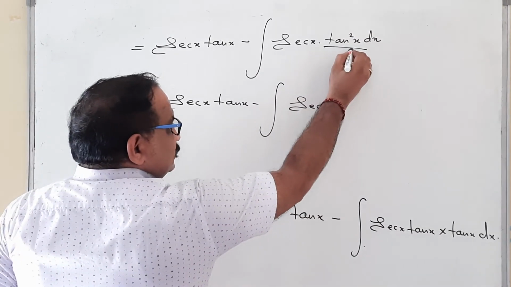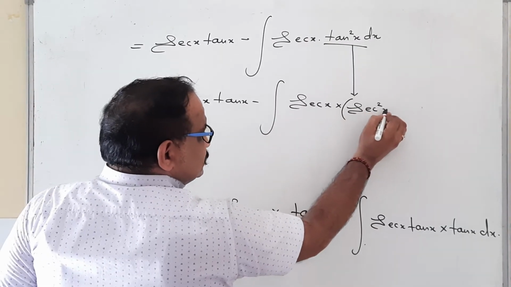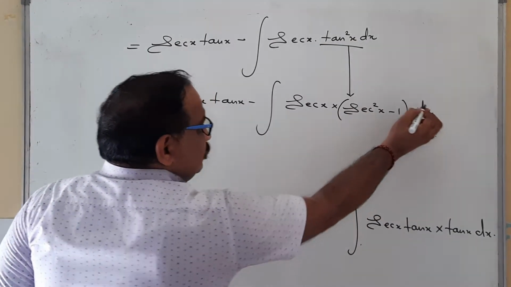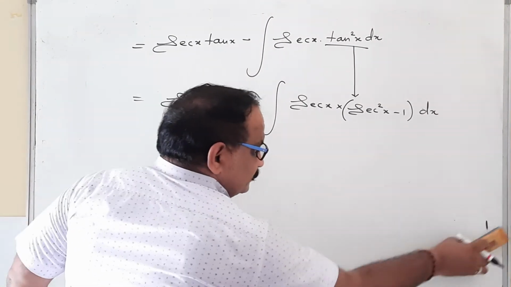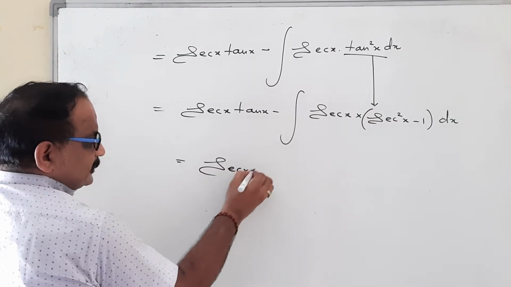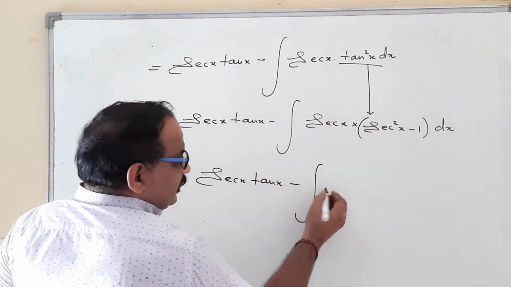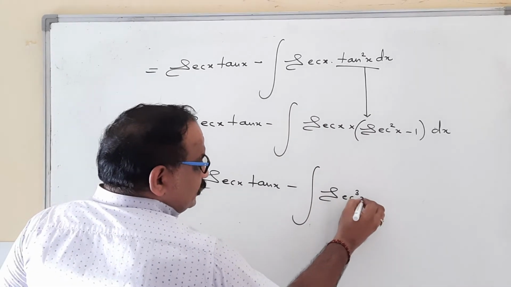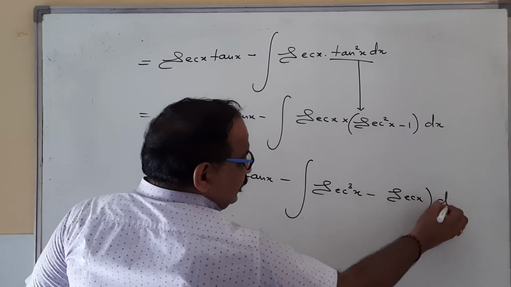In place of tan square x, I am writing sec square x minus 1, by trigonometrical identities. Then what will happen now? This portion is sec x tan x, that will continue, minus, just open that bracket. It comes to us as sec cube x minus sec x dx.